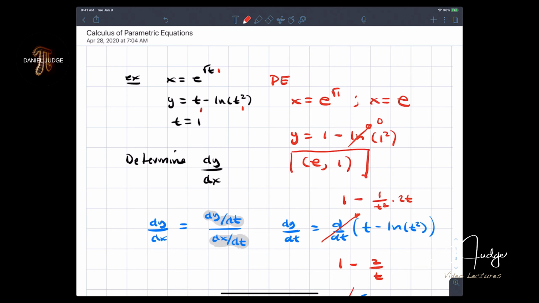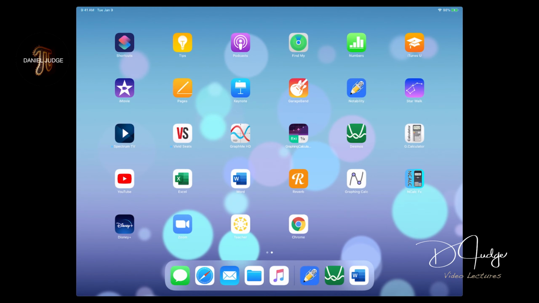This here is the location of the point. Now, I'm not going to draw the curve out, but I could. I can take a look at what this curve looks like. This is the x and y Cartesian coordinate version of a point on our particular curve here, right?